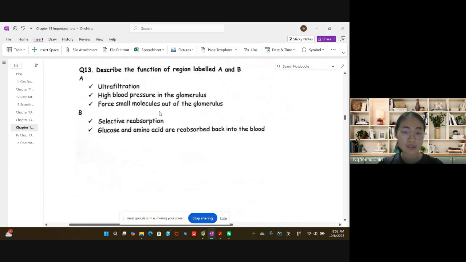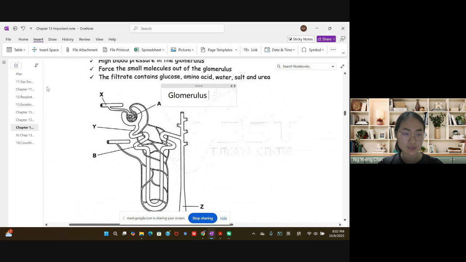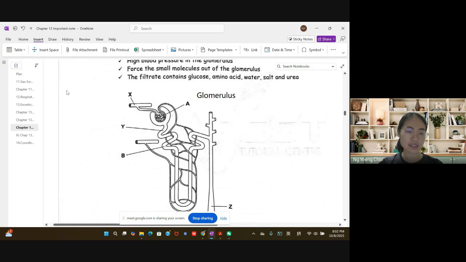The renal artery transports the blood to the afferent arteriole. So the afferent arteriole will transport the blood reaching the glomerulus.